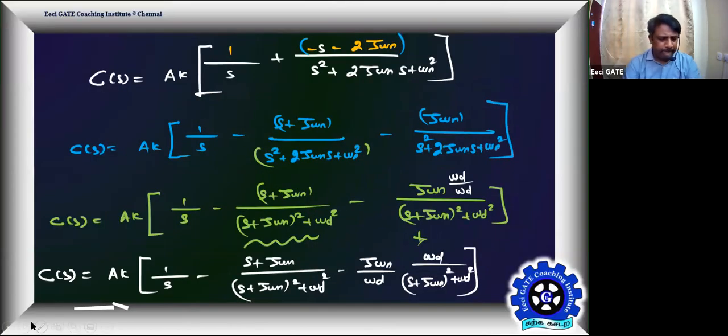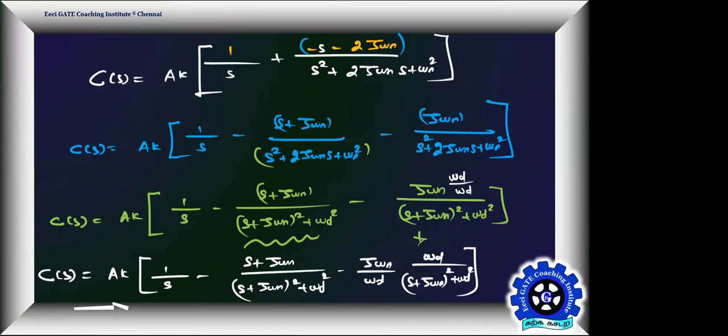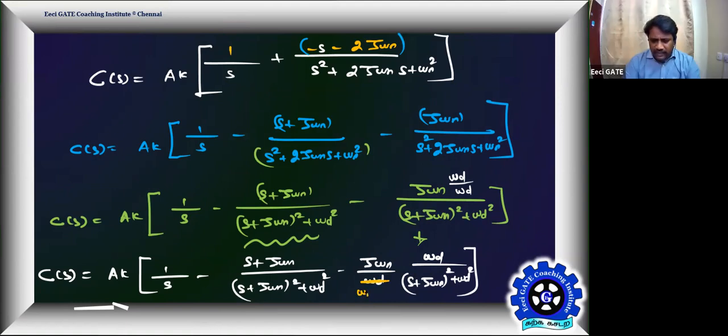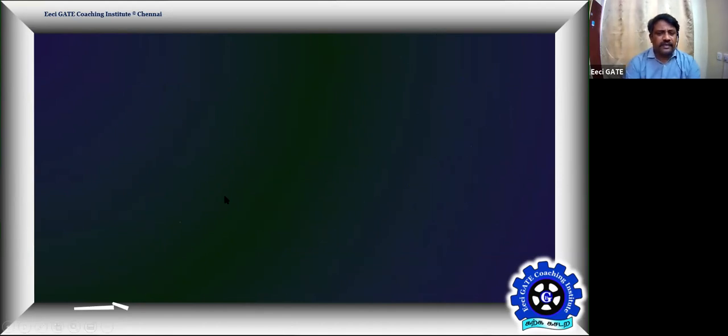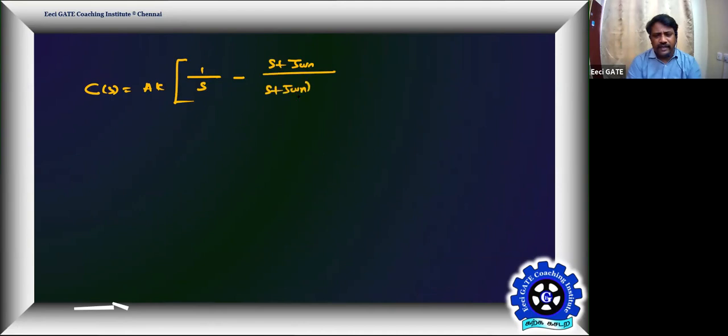Following right? Yes or no? Yes, sir. Then omega d can be replaced by omega n into root of 1 minus zeta square. Then this omega n will get cancelled. So then the final step can be written as C of s is equal to AK into 1 by s minus S plus zeta omega n by S plus zeta omega n whole square plus omega d square, minus, what is remaining?